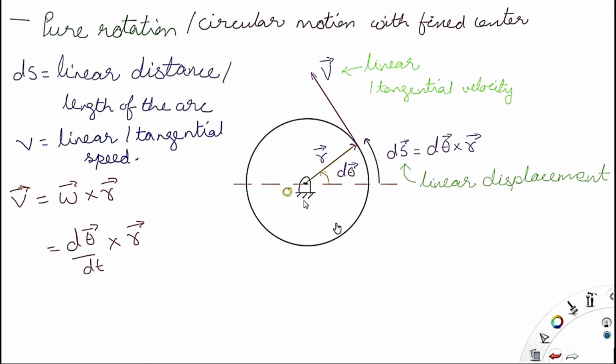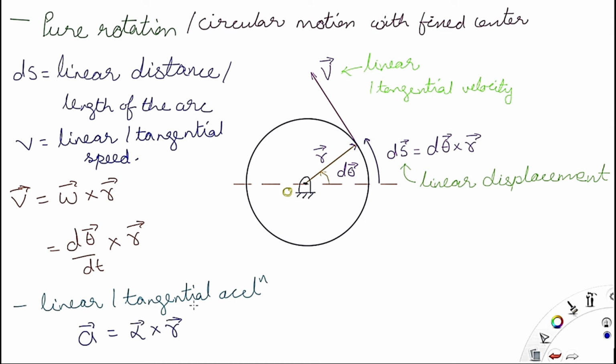Now this is the thing that I was talking about, that you have to correct these formulas. This formula has been written wrong in the circular motion chapter. In the circular motion chapter, this cross product has been written opposite.